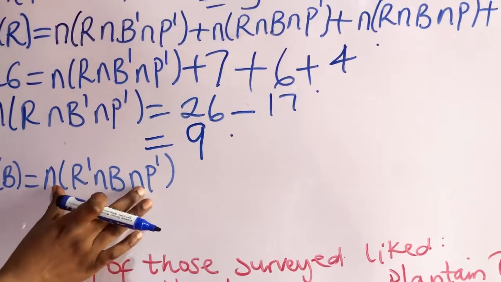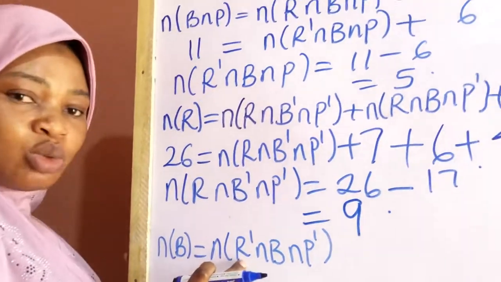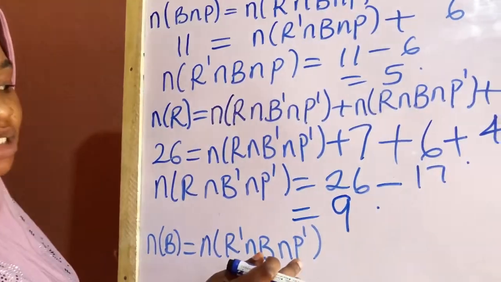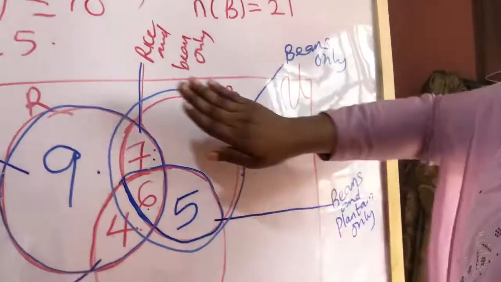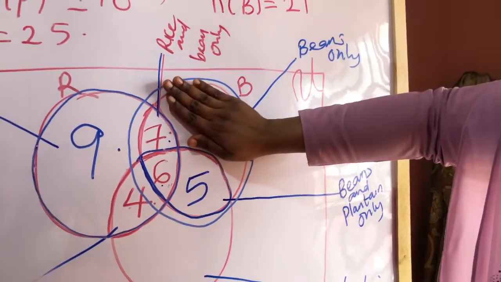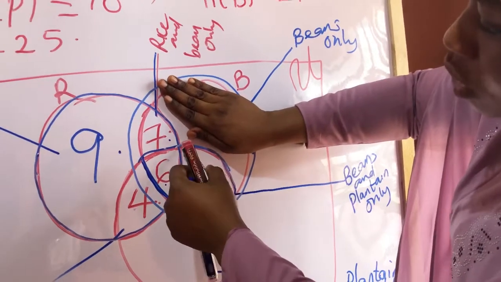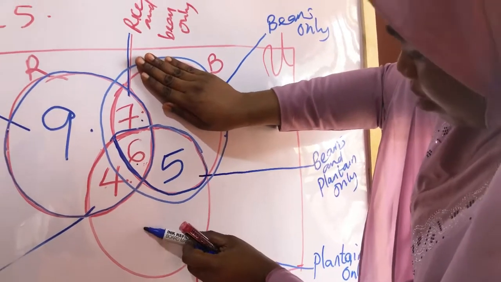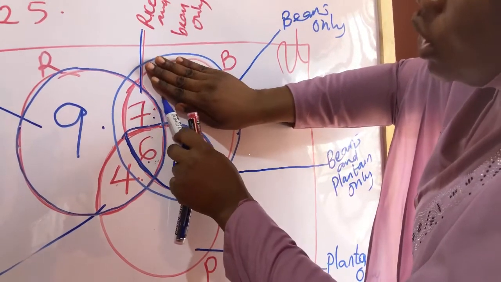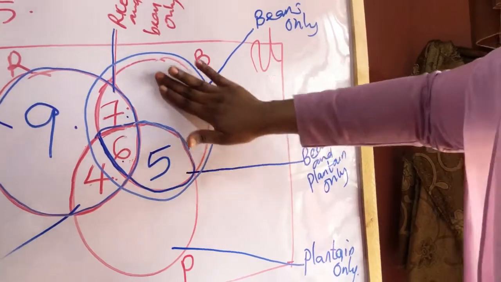This is beans only. It doesn't have anything to do with rice, and it doesn't have anything to do with P. So can you see here? Beans only. If you cover this place, you can see that it doesn't go beyond this place. It doesn't go into plantain, and it doesn't go into rice. So it's just beans alone.